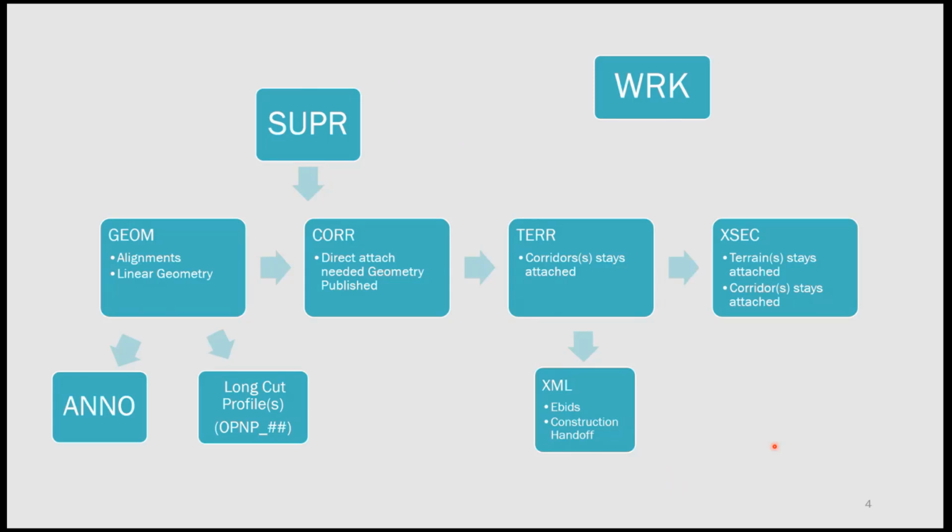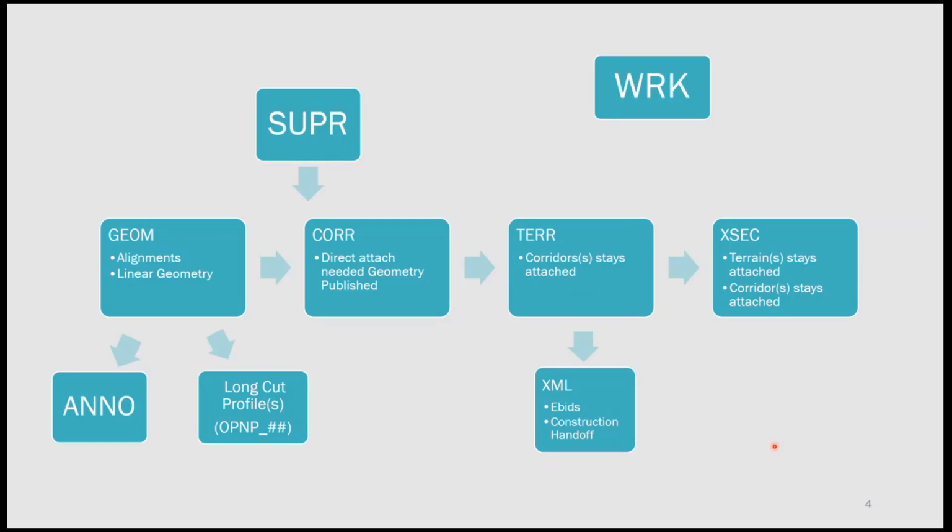With the project, I identified a workflow or work path for files and how they're used in ORD. We've got our geometry files, corridor files, terrain files, and cross sections. Those are all connected. We often reference each of them into each other.